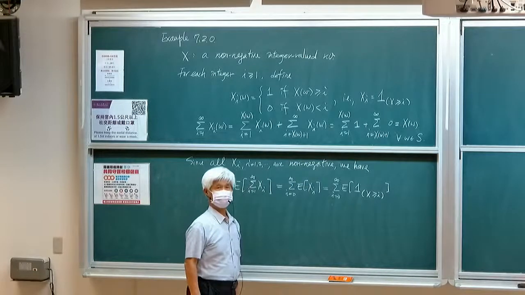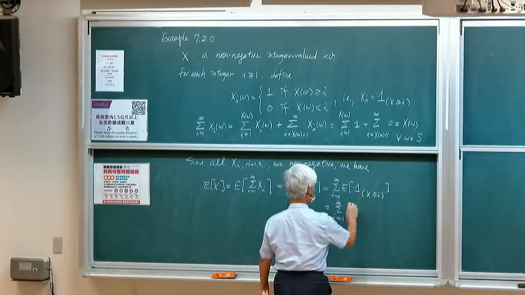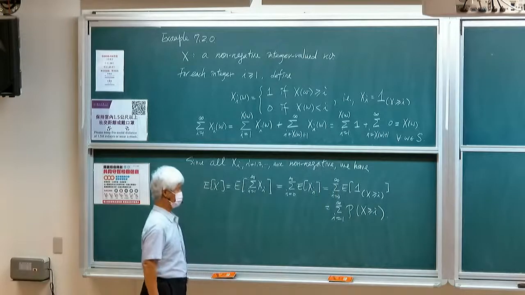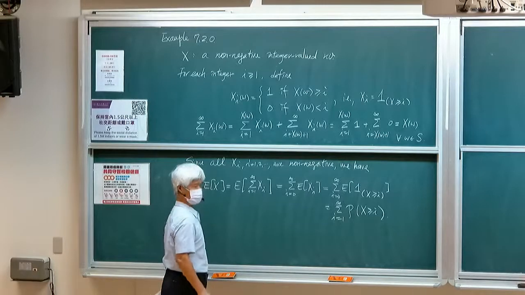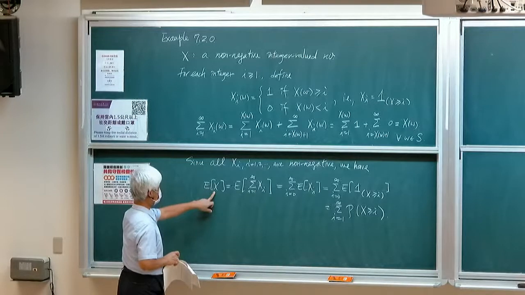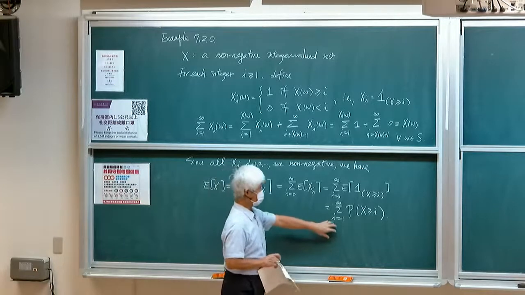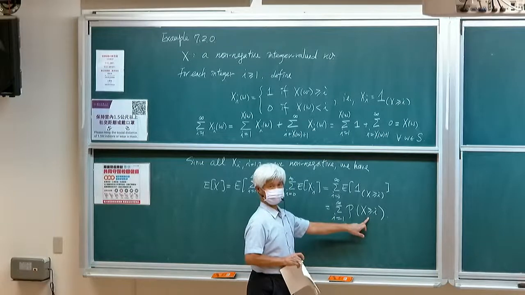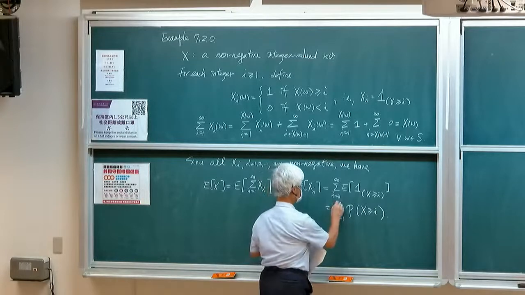The expectation of the indicator of this event is actually the probability that X is greater than or equal to i. So we prove the formula we had before: when X is a non-negative integer valued random variable, its expectation is the series sum of the probabilities of those events, for i from 1 to infinity.